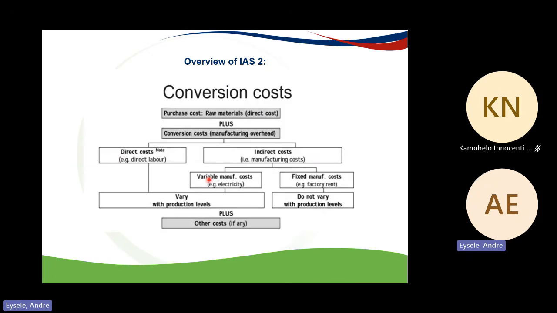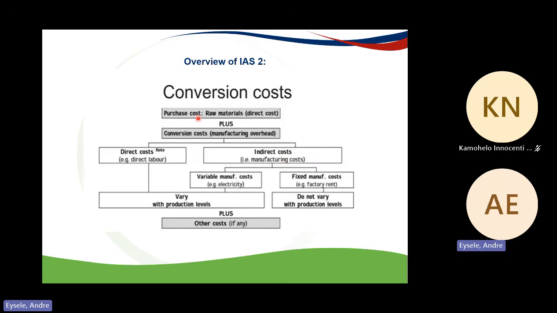We can look at the conversion costs, where I'm going to stand still a little bit on the fixed manufacturing overhead costs. Once you've got your bicycles, your frames, you need to convert, you need to bring it into a process where we can allocate costs in a manufacturing entity.